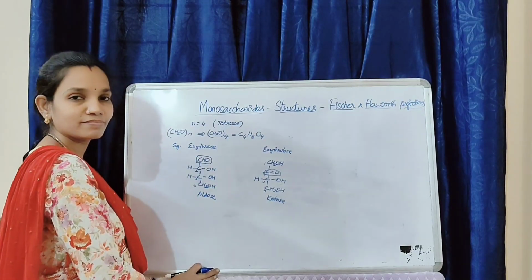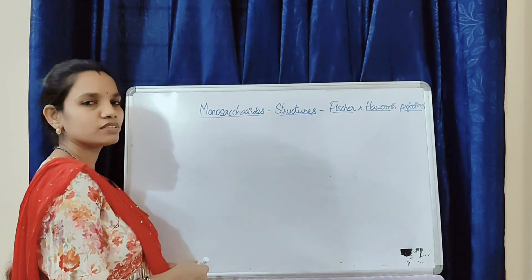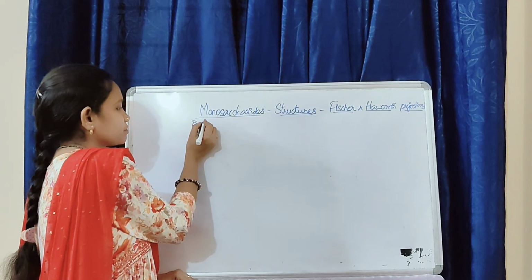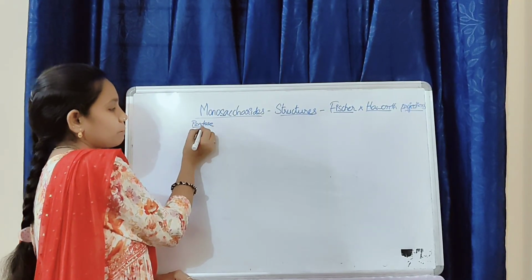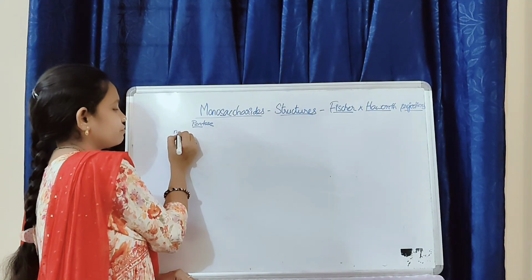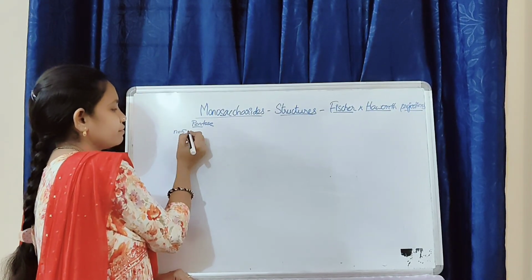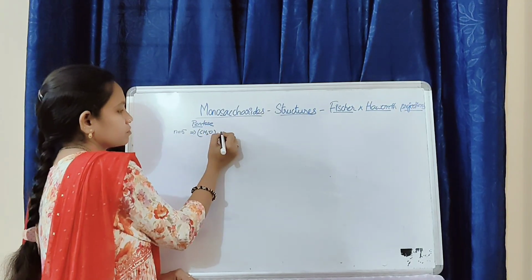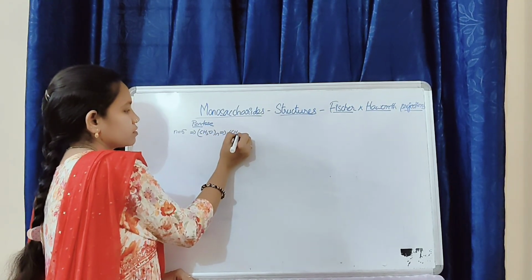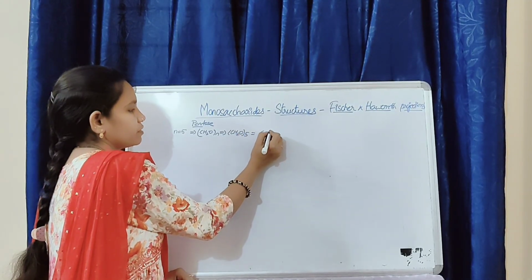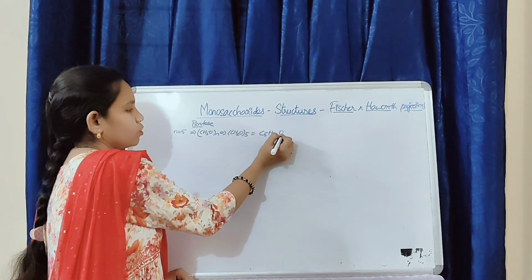Is it clear? Now let's see for pentose. Pentose means what? Pent, 5 carbon atoms. So if we take n is equal to 5, substituting in the formula, you get C5H10O5.